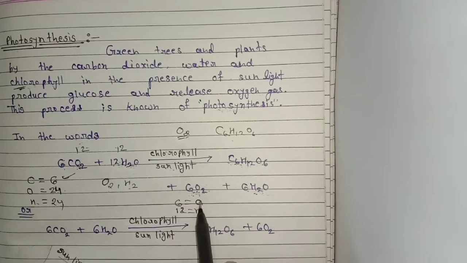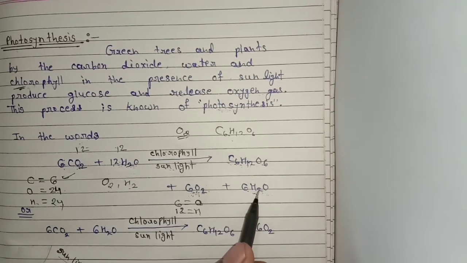Apart from glucose and oxygen gas, there are 6 oxygen and 12 hydrogen.